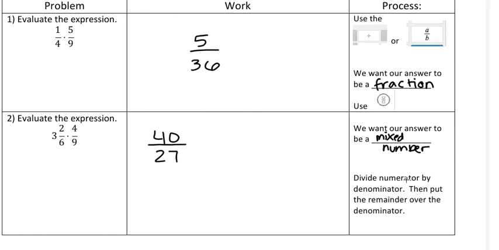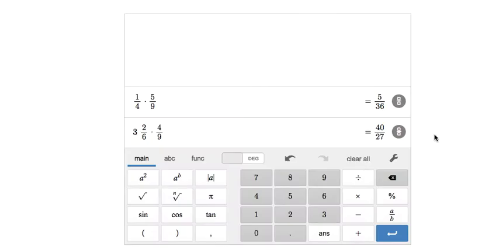So we're going to divide the numerator, the top, by the denominator, which means the bottom. So I'm going to do 40 divided by 27. Okay, and it goes in there one time. And I know that because when I had it as a decimal, my whole number there was 1.